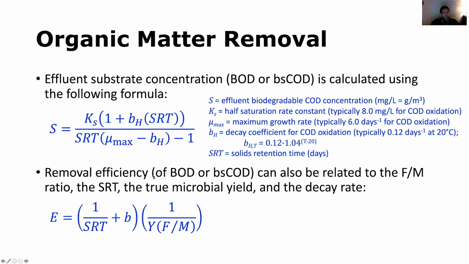The removal efficiency of BOD or biodegradable soluble COD can also be related to the F to M ratio, the food to microorganism ratio. It can be related to the SRT, the true microbial yield, and the decay rate, as shown here. So the efficiency of removal of the substrate is equal to 1 over SRT plus b times 1 over Y times F to M ratio.